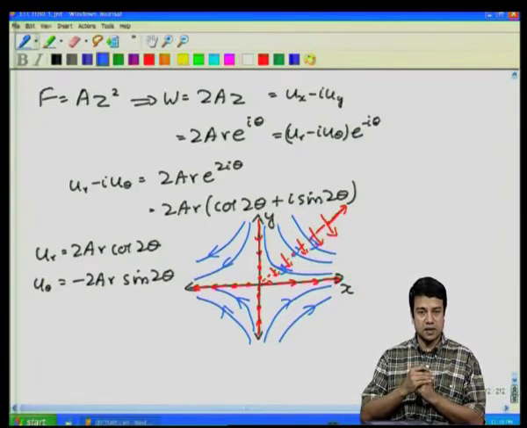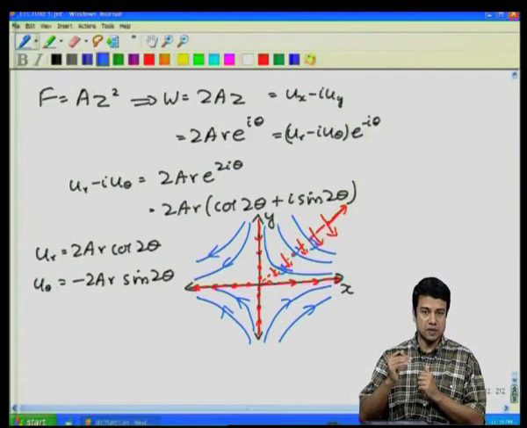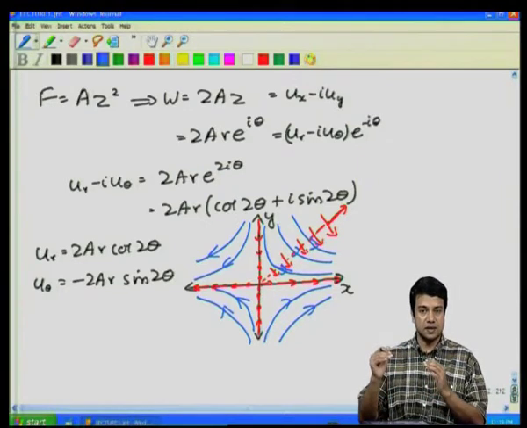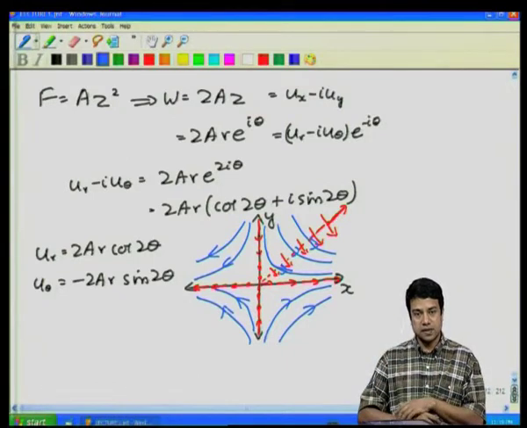And clearly, you can see that there are 4 bounding surfaces here, both the x axis plus and minus. The velocity is radially outwards, along the axis. There is no velocity perpendicular to the axis. So, that constitutes a boundary surface for this flow. Similarly, for the y axis, the velocity is inward, parallel to the axis. There is no normal velocity to the axis. So, that constitutes a valid boundary surface.